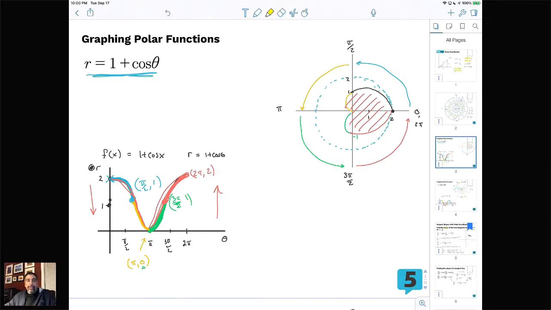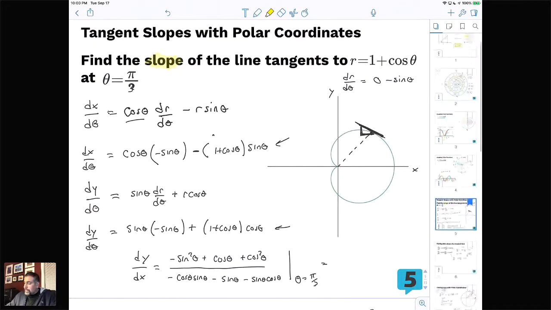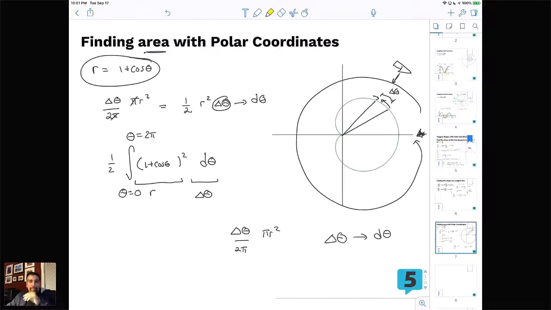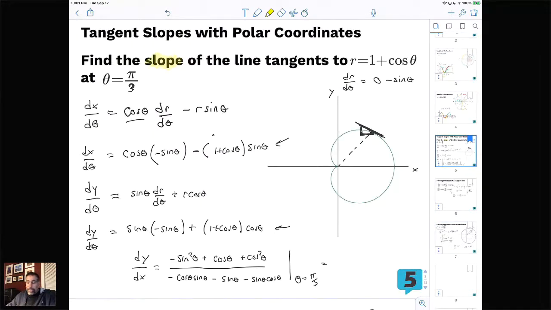You will see problems where they ask you to find the area in polar coordinates. That's a very common question, to find the area between polar functions, and then finding the derivative and interpreting what that derivative means. Sometimes they ask for the slope of a tangent line, and that's a dy over dx.